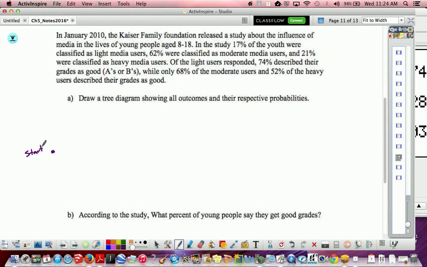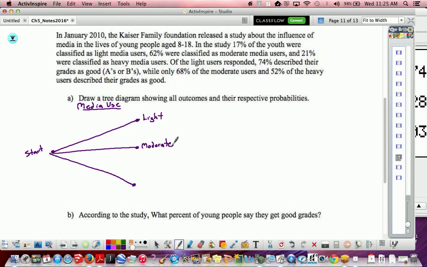So we start with media use. They gave 3 classifications of media use. It was light, moderate, and I believe, was it heavy?